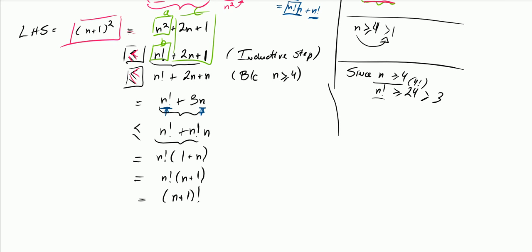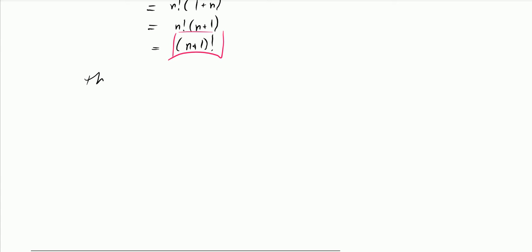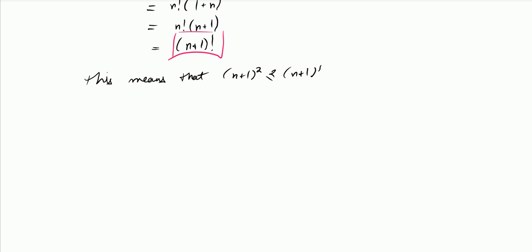I have another greater than or equal, some equals, then another greater than or equal. So once I hit a greater than or equal, I can say that what I started with is less than or equal to what I ended with. So this means that n plus 1 squared is less than or equal to n plus 1 factorial.